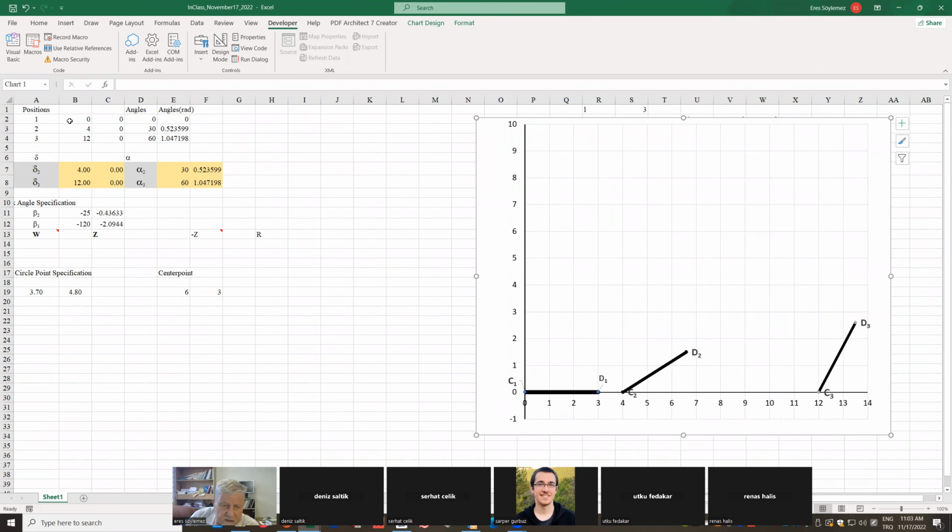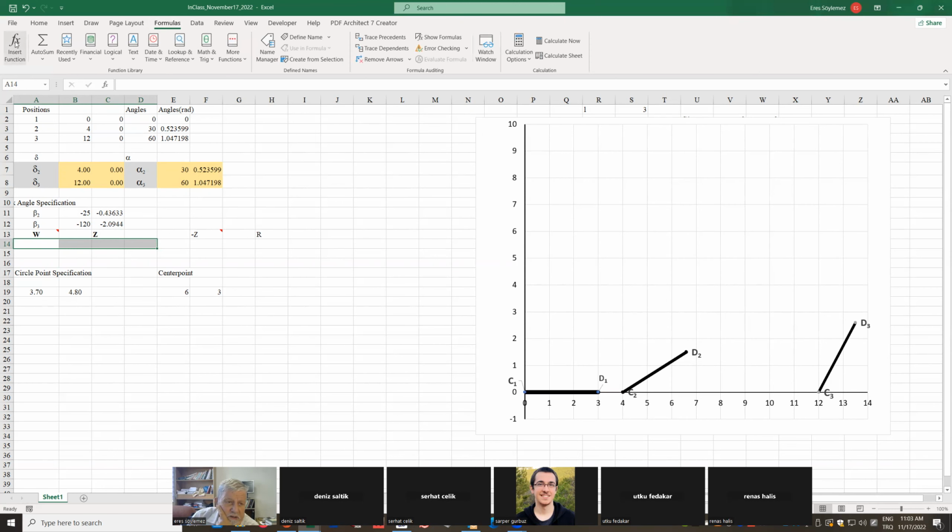These three positions are given. I have determined delta 2, delta 3, alpha 2, alpha 3, as you see: 30 degrees, 60 degrees, 4, 0, 12, 0. I mark 4 cells like this. I'm going to obtain W and Z.